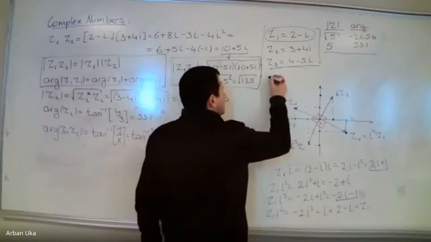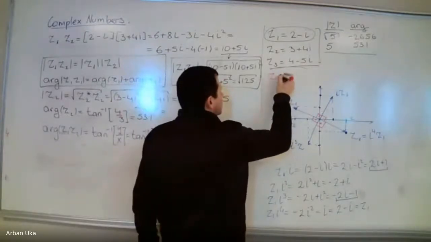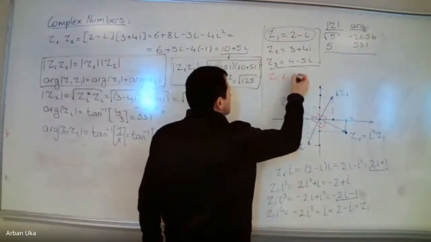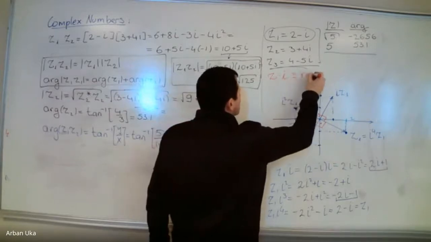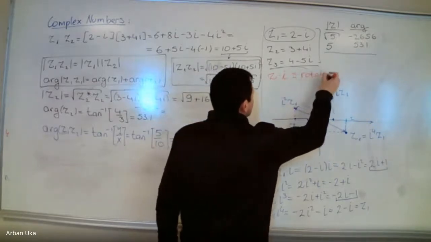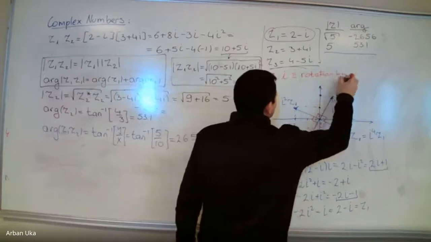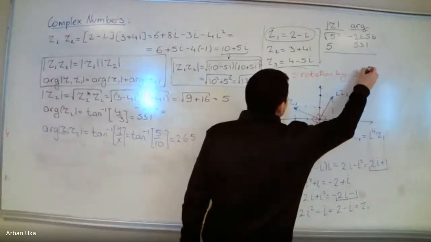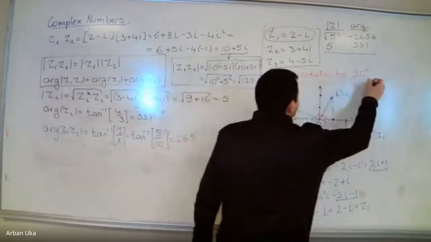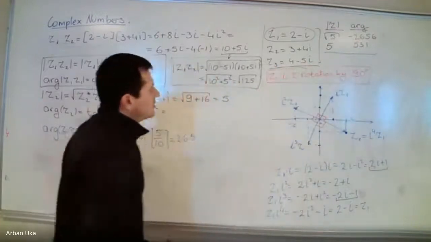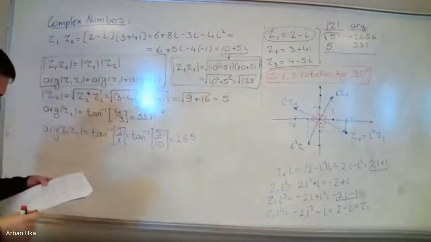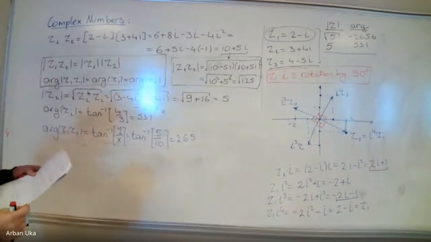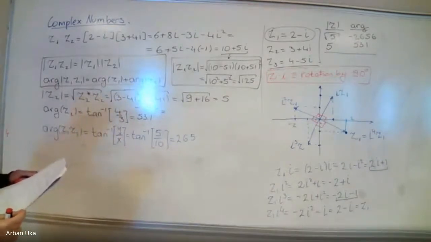Yes. So any complex number z times I is equivalent to a rotation by 90 degrees, or you can say a rotation by an angle of pi over 2.